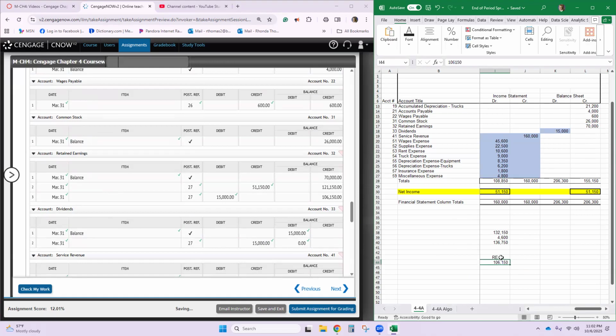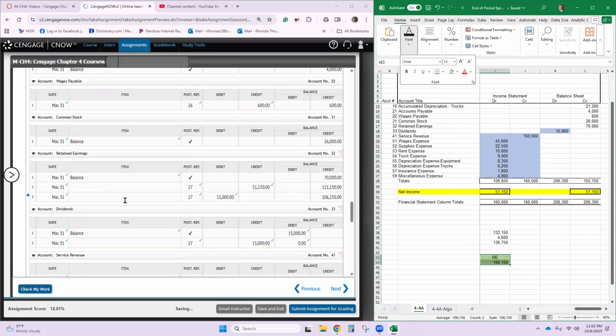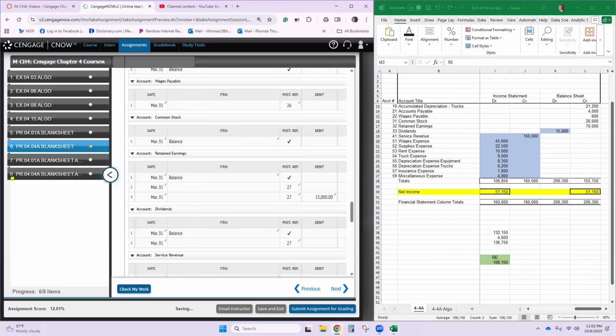I don't forget. I would always write that down because when you're doing the post-closing trial balance or the balance sheet, right? We could always look at the balance sheet. That's fine, but you can't use retained earnings from this spreadsheet. And you cannot, or it won't balance. Okay, so now I'm going to go to that post-closing trial balance.